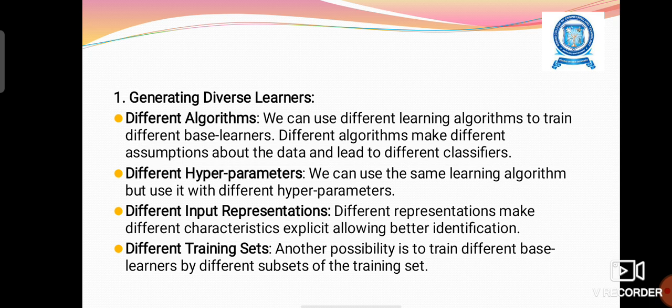Different hyperparameters. We can use the same learning algorithm, but with different hyperparameters. Different input representation. Different representations make different characteristics explicit, allowing better identification. Different training sets. Another possibility is to train different base learners on different subsets of the training set.